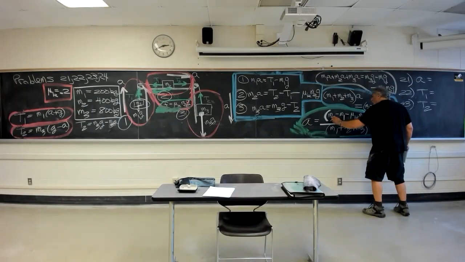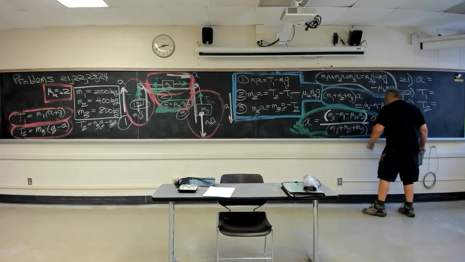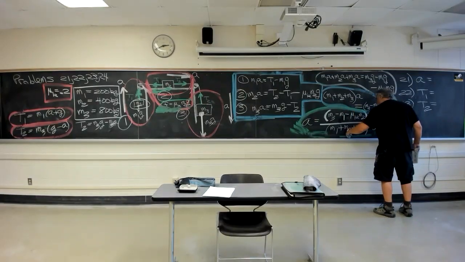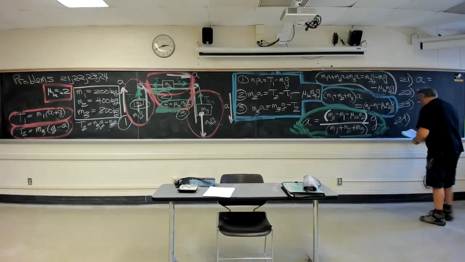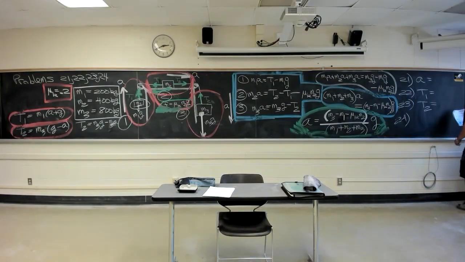So 800 minus 200 is 600. 600 minus 80 is 520. This is 1400. 520 over 1400 times g, right? 520 divided by 1400 times 9.8 is 3.64.